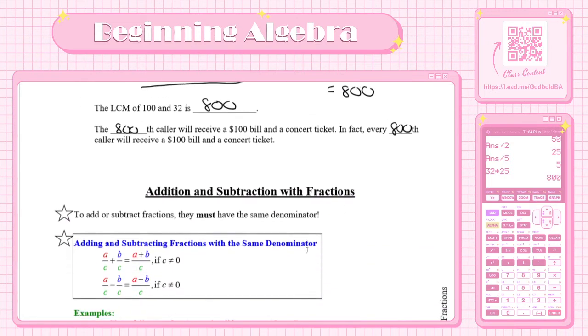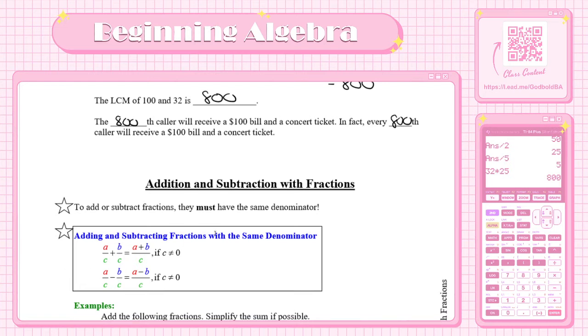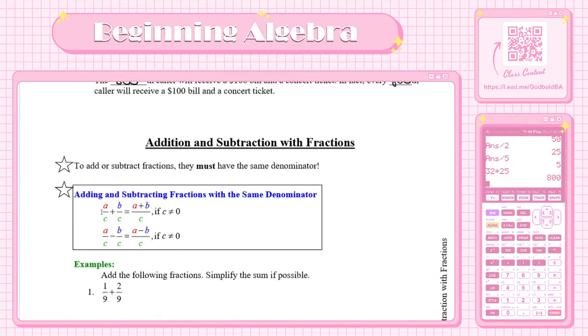Whenever you want to add or subtract fractions, you can only do it if they have the exact same denominator. I'm kind of jumping ahead here and telling you the secret thing I'm going to tell you in a few pages: if they don't have the same denominator, you have to rewrite them so that they do.